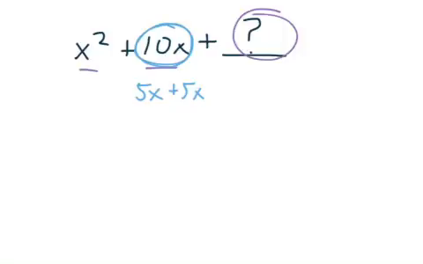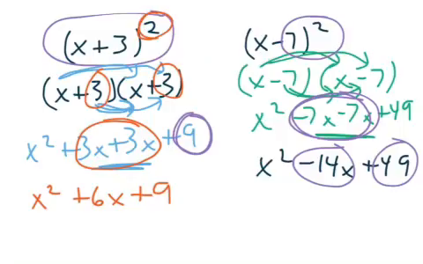So the process is, I basically take 10 divided by 2. I know that's a 5. In other words, I'm going to take 5 and square it. And I know, therefore, that number has to be what? 25.